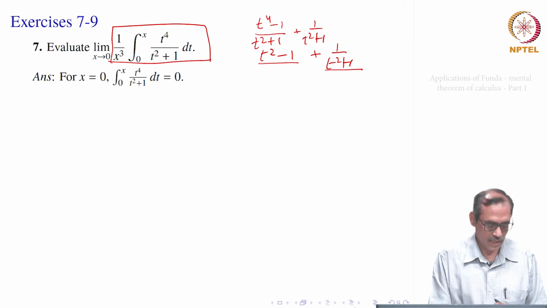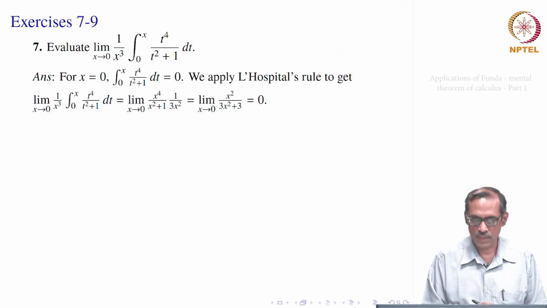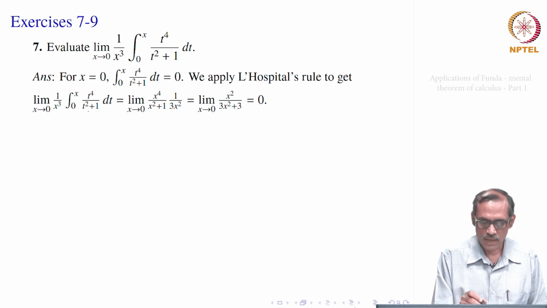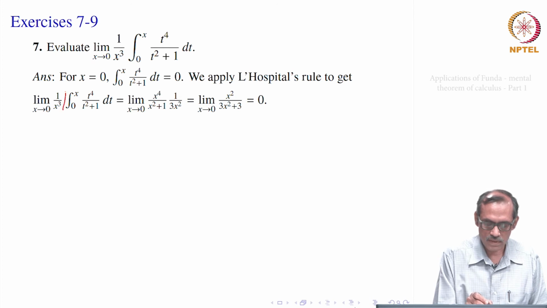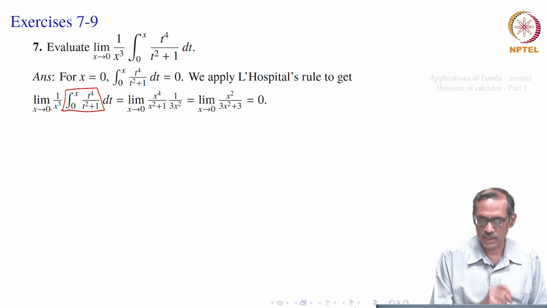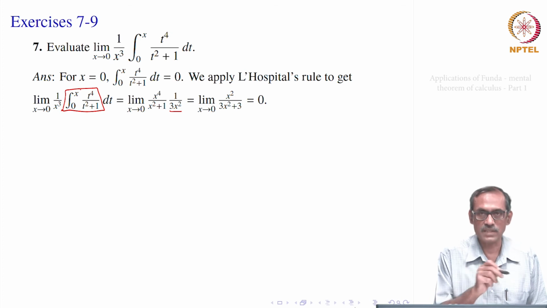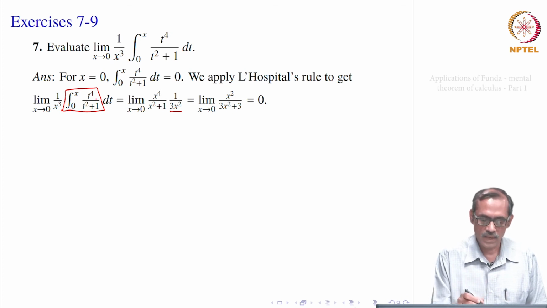fine. So, you can use straightforward L'Hopital's rule. So, if you apply L'Hopital's rule, this will be equal to, provided this right side limit exists, limit of the derivative of this function divided by derivative of x cubed. So, derivative of x cubed is 3x square and derivative of integral 0 to x by fundamental theorem is x fourth divided by x square plus 1.